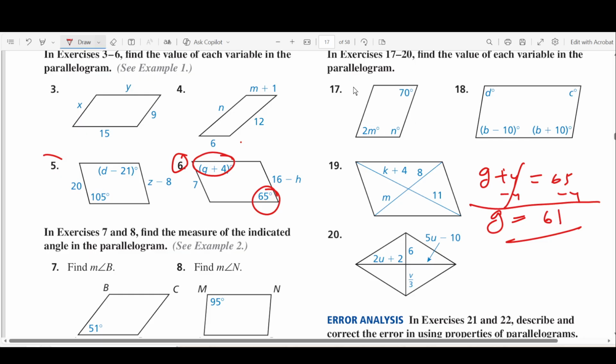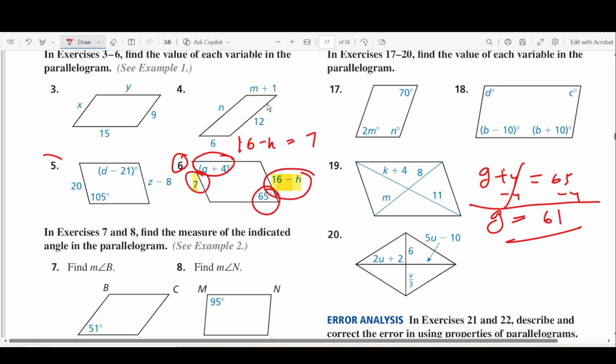Okay, next one. Find H. So what we do here is 16 minus H is equal to 7, right?